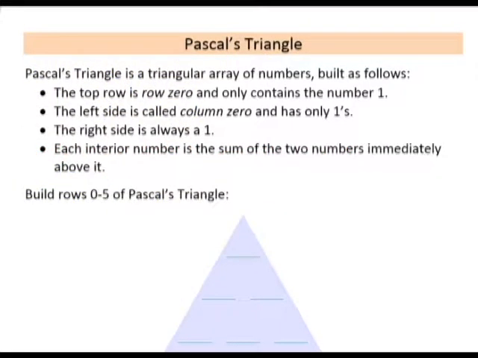Now we're going to look at how to put together those binomial coefficients. We can construct Pascal's triangle, and it's going to give us those coefficients directly. Watch as I follow these rules.